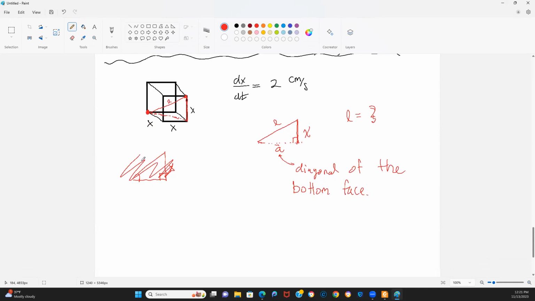So let me now extract the bottom face. The bottom face is just this square. Here's this bottom face, and we're looking at that dotted line, looking at this from 2 dimensions, like looking straight down at it.